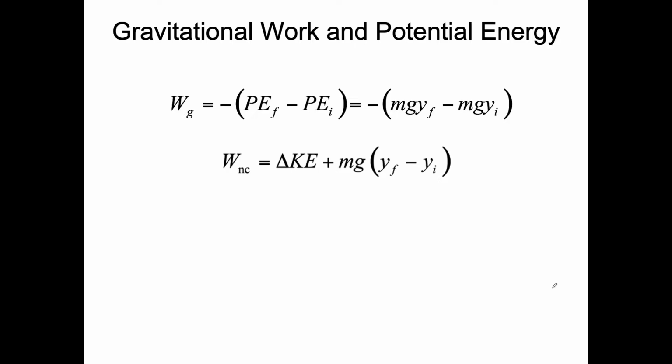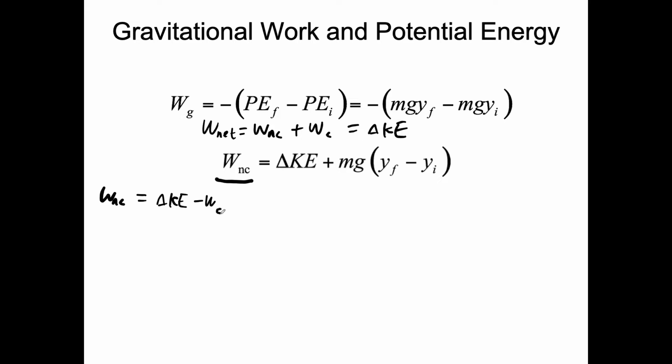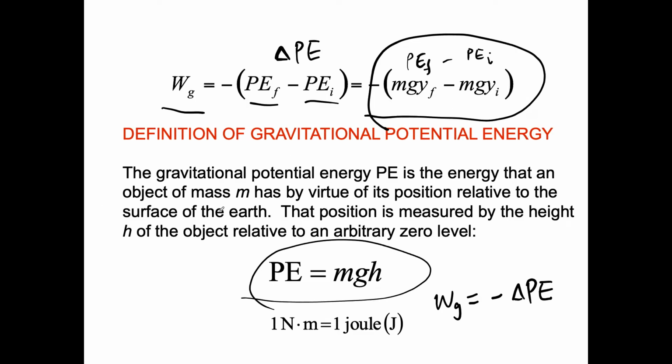So we know the work done by non-conservative force plus the work done by conservative force gives us the work done by the net force, which equals the change of KE. So the work done by non-conservative force equals delta KE minus W_c, the negative of the work done by conservative force.